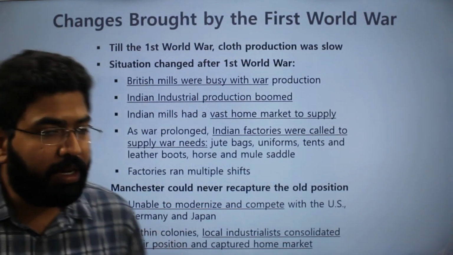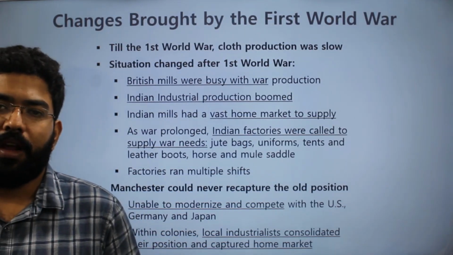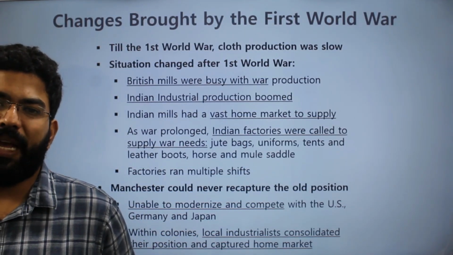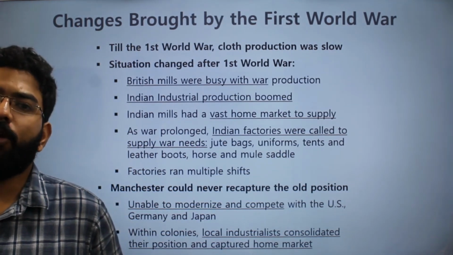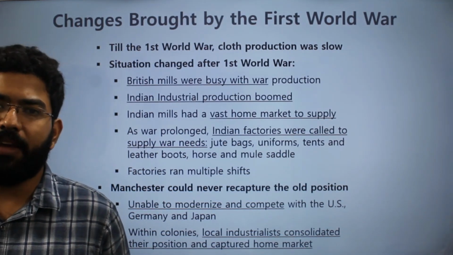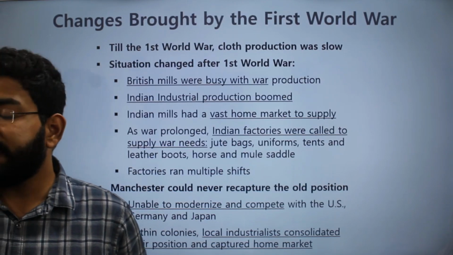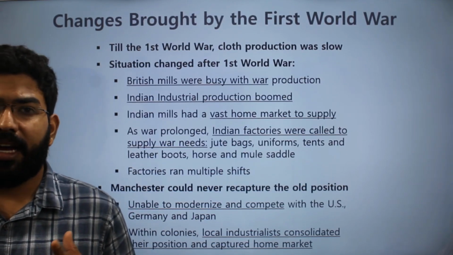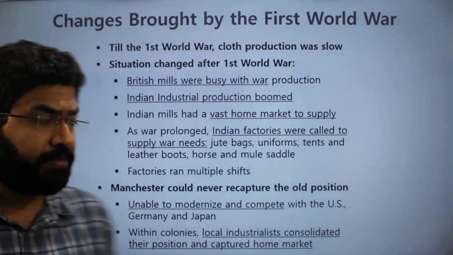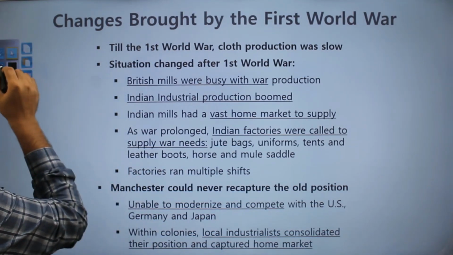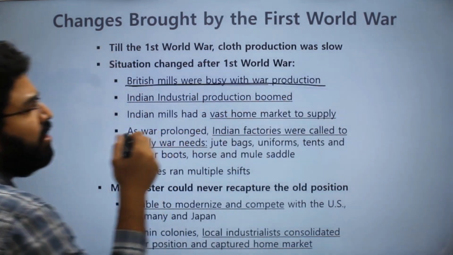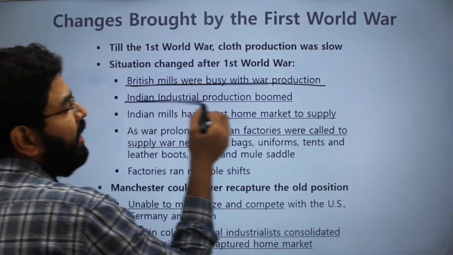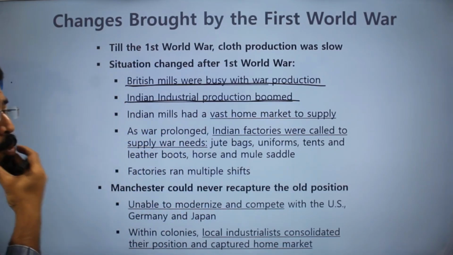Now, what happened during the First World War? The First World War was a major event especially for the European countries. A lot of their industrialists were busy supplying for the war. This gave an opportunity to the Indian industries. The British mills were busy with war production, and this led to an Indian industrial production boom.